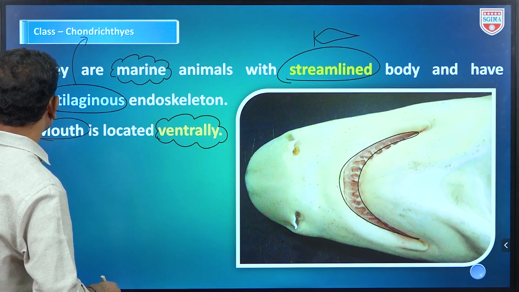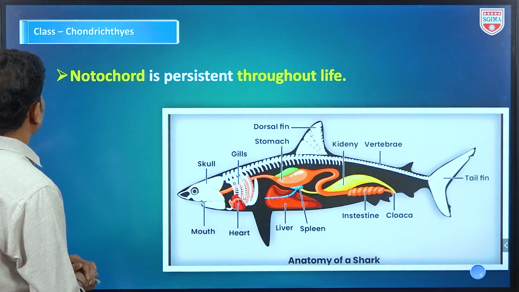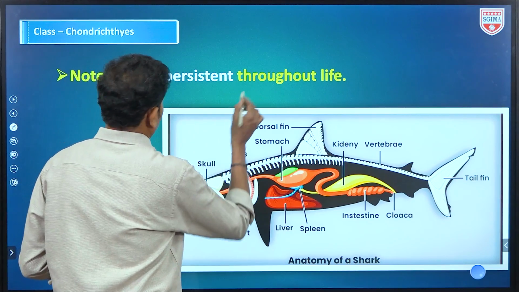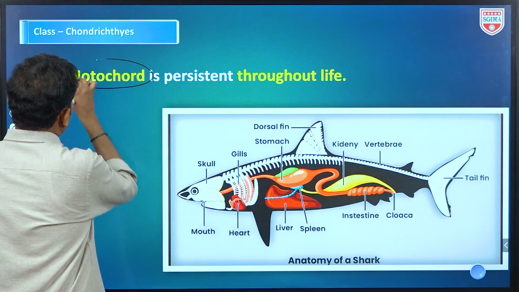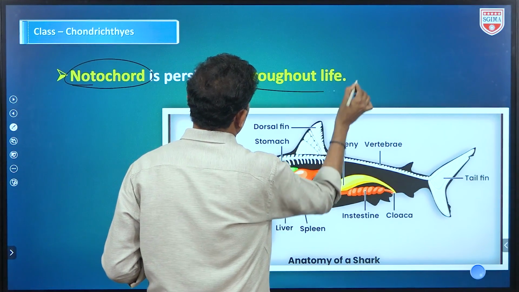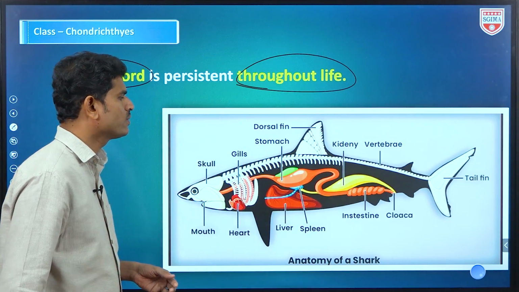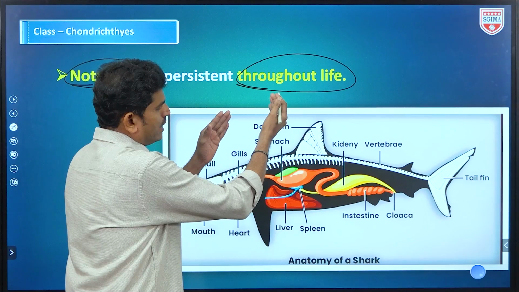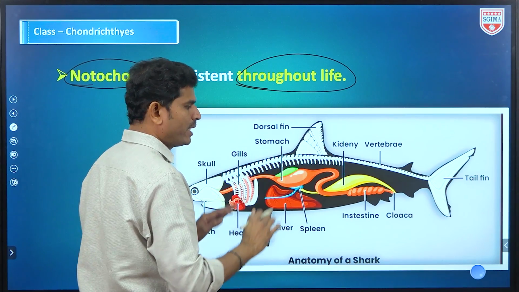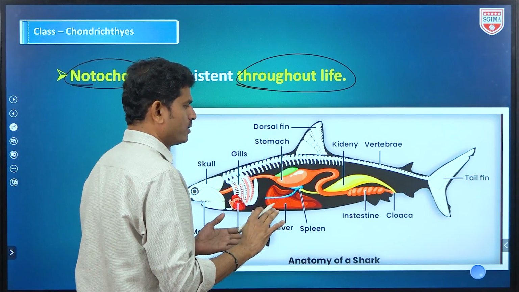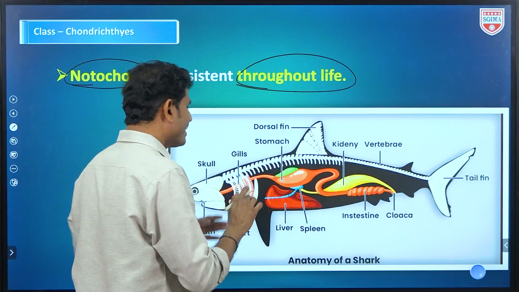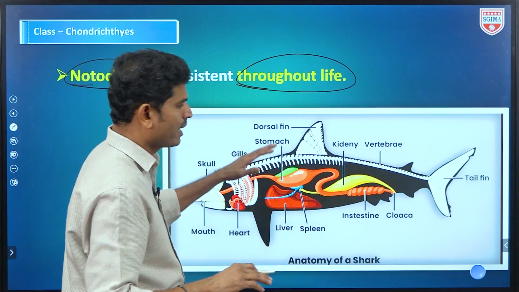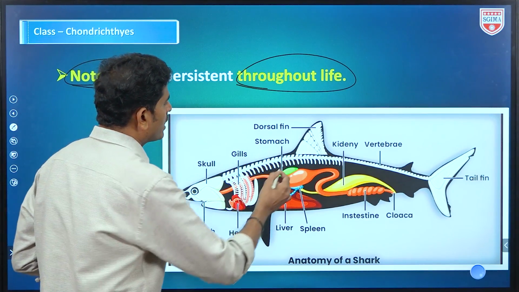Okay, next slide. Yes, notochord is persistent throughout life. So notochord is present in these organisms throughout life. Originally, in embryonic development and in some adults also, the notochord is present throughout life, but in the remaining organisms there is a vertebral column.